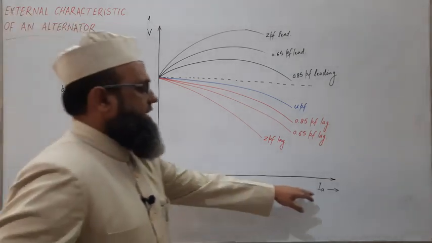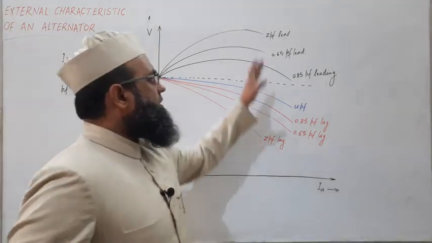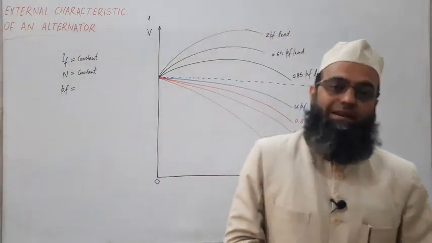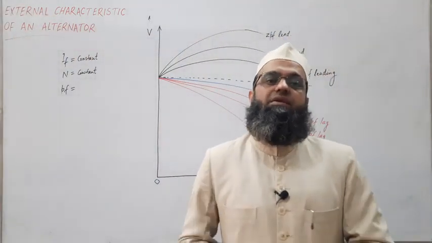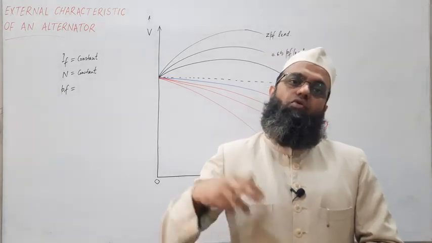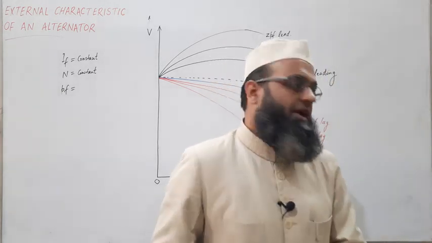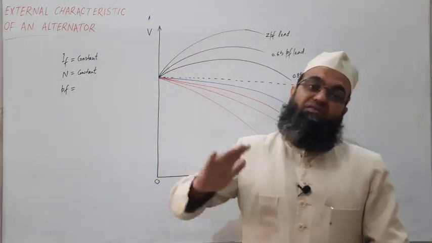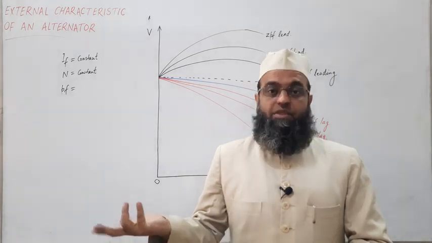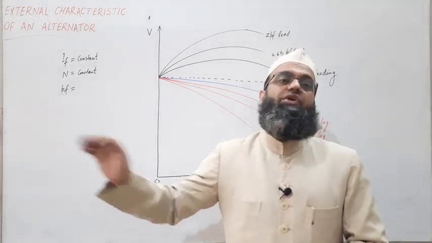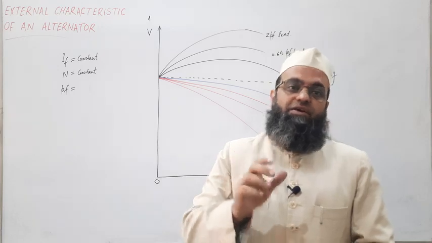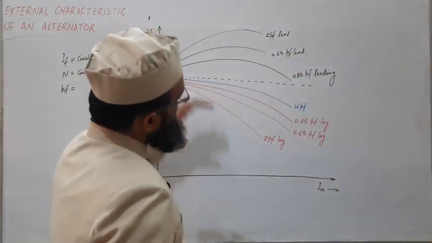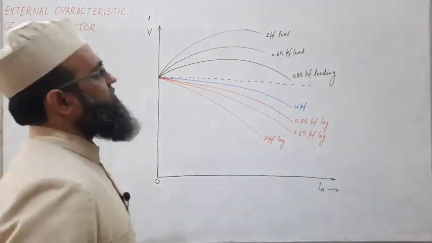For higher values of Ia, the magnetizing effect will not help, as there is some limit on phi once the core is saturated. So further increase in Ia will not add its magnetizing effect once the core is saturated. Once phi has reached its maximum limit, that's why it will decrease. After saturation, it will decrease.